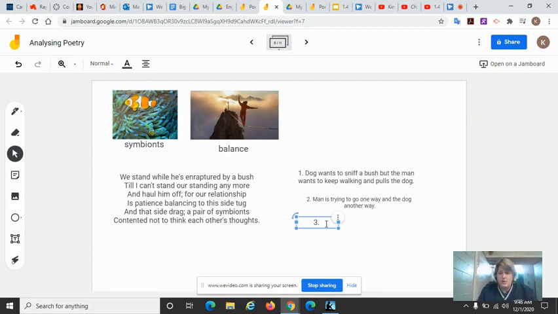All right, so the man and the dog help each other, but, okay, contented not to think each other's thoughts. Without thinking about it.